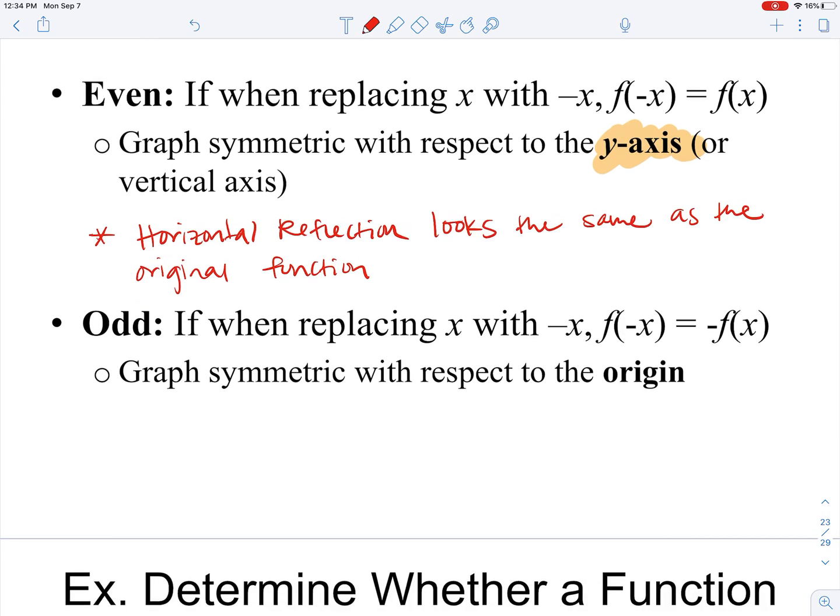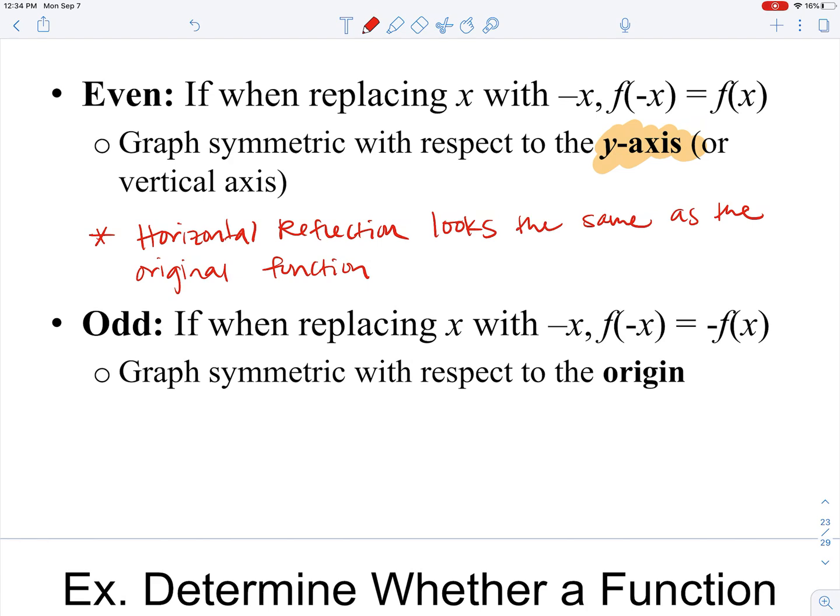If, when you replace x with negative x, so when you apply that horizontal reflection, you simplify the equation and it ends up being equal to the original function times -1, so negative f of x, that would mean that a horizontal reflection ends up looking the same as a vertical reflection.